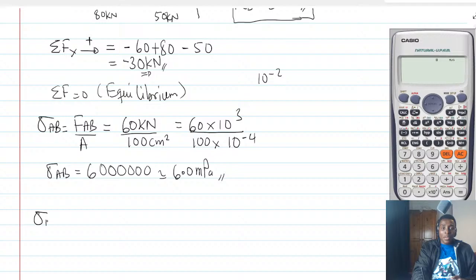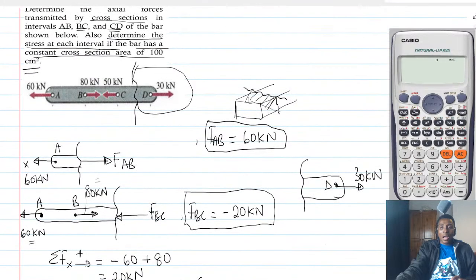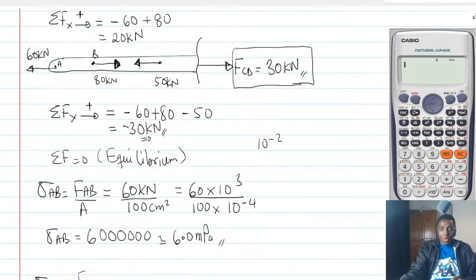And then sigma BC. So it's going to be the force in BC divided by the total area. The force in BC, what did we get?